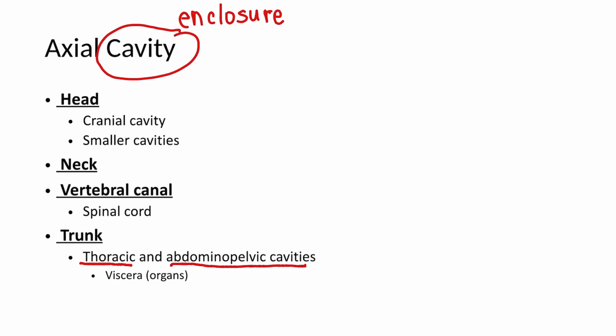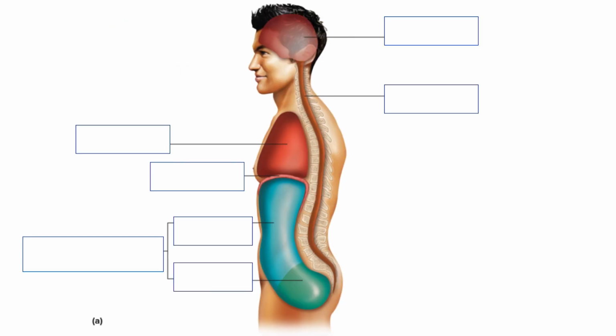Okay, again, in the trunk area, we can cut it up into thoracic cavity and then the abdominopelvic cavity. And both of them, both the thoracic and abdominopelvic, they contain the viscera, or also known as the organs.